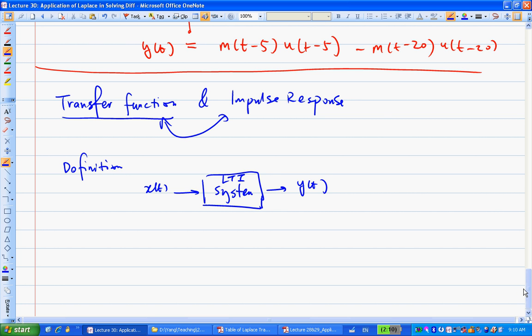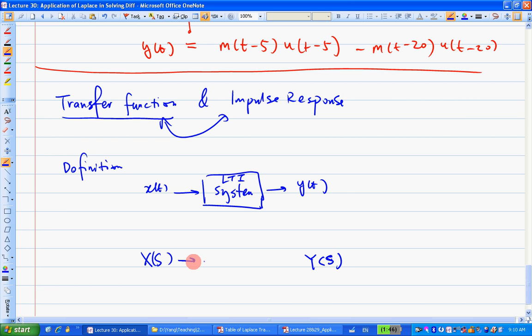Let's take the Laplace transform of both sides, of the input and output. Here is capital X of s, and here is Y of s.